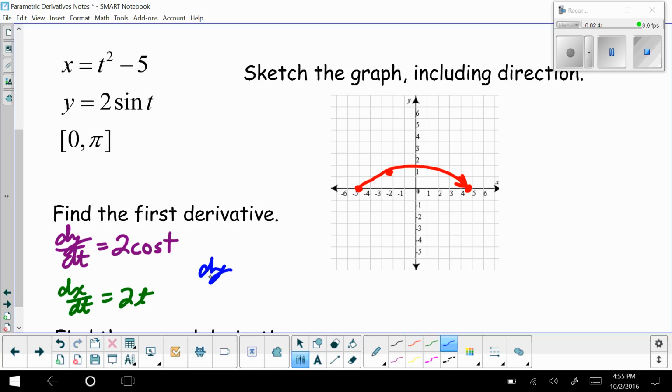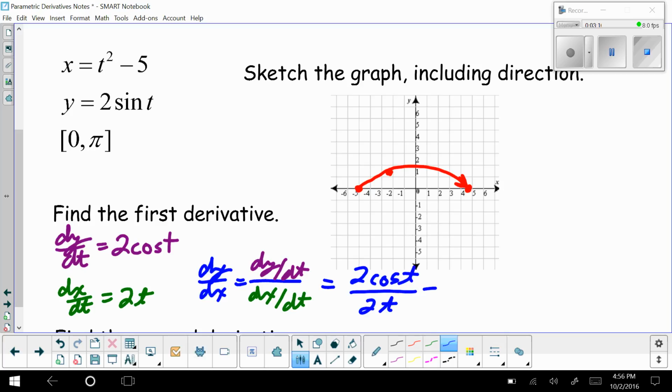Then dy/dx would be dy/dt over dx/dt, which for this example would be 2 cosine of t divided by 2t, or if I just had to simplify it, which I'm not required to, would be cosine of t over t.